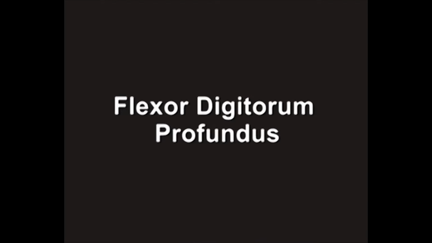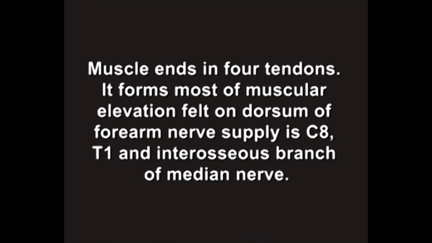Flexor digitorum profundus. It arises from ulna. Muscle ends in four tendons. It forms most of the muscular elevation felt on the flexor aspect of forearm. Nerve supply is C8, T1 and anterior interosseous branch of median nerve.